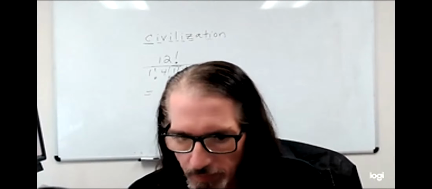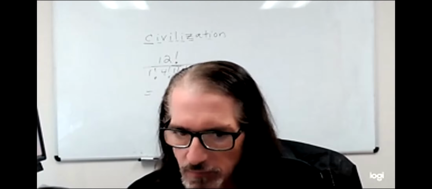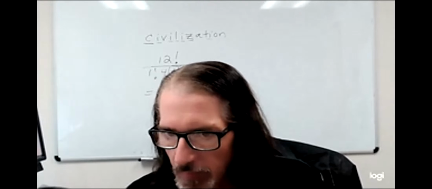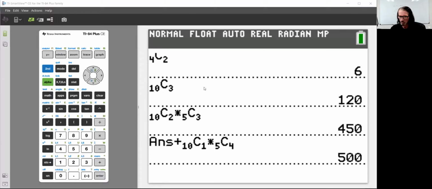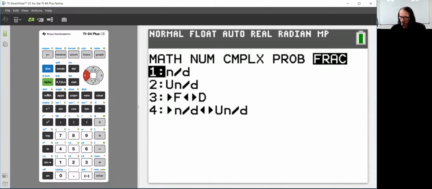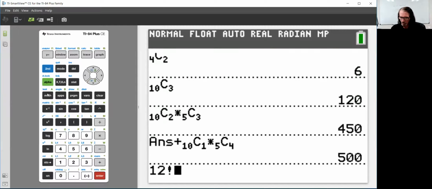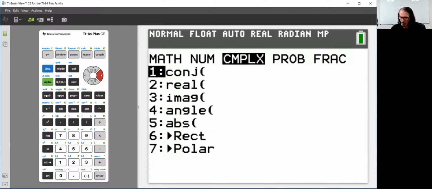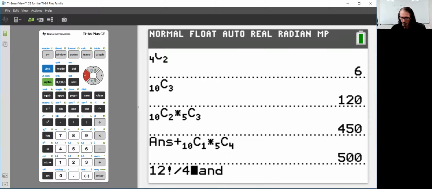So on the calculator, let's see here. Okay, 12 factorial divided by 4 factorial. Oh, typed that wrong. Delete that.